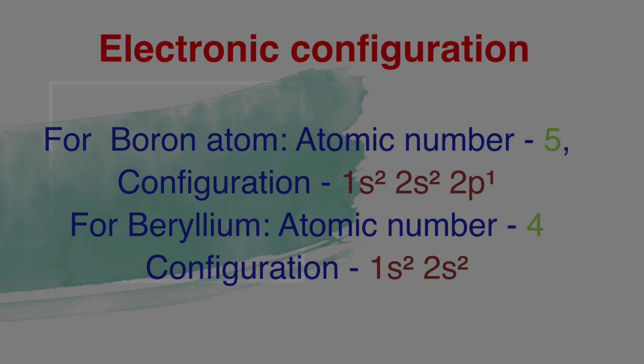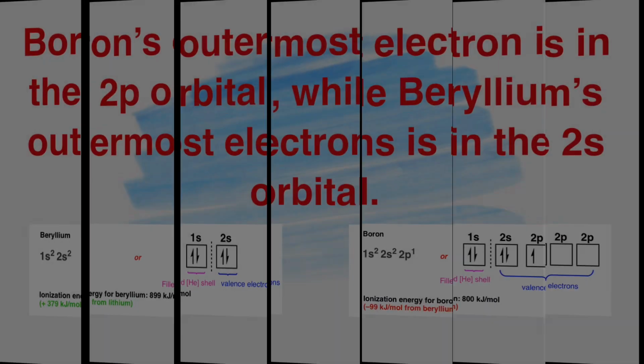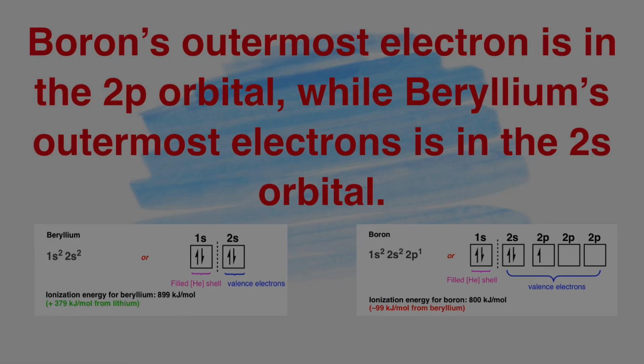So, its electronic configuration will be 1s2, 2s2. You can see here that the last electron of beryllium is filled into the 2s subshell. It means in boron, the outermost electron which is to be removed is in the 2p orbital, whereas in beryllium, the outermost electron is in the 2s orbital.